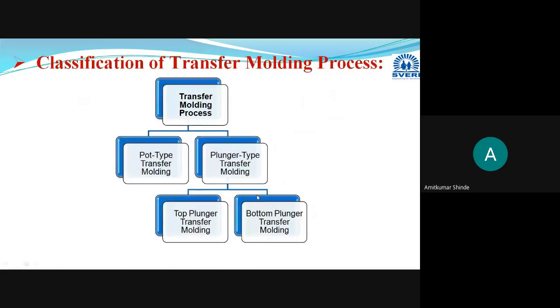These two types I have explained here. This is the top plunger transfer molding process, where the transfer will occur and the movement of the plunger will be in downward direction. And in this bottom plunger transfer molding process, the movement of the plunger will be in upward direction. Only this you have to remember here. Okay, no specific diagrams are there.